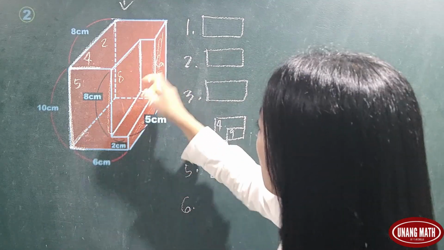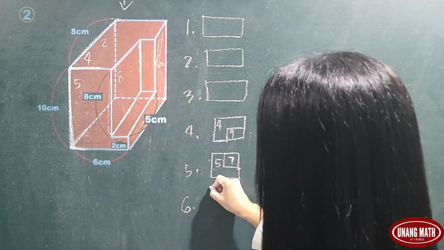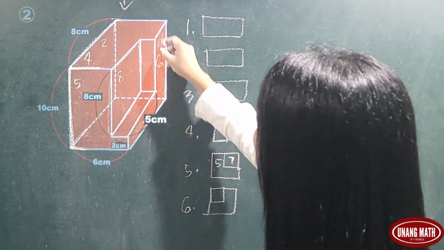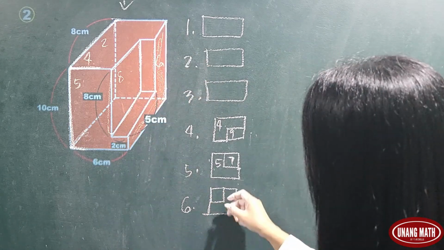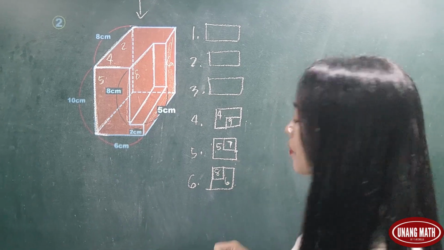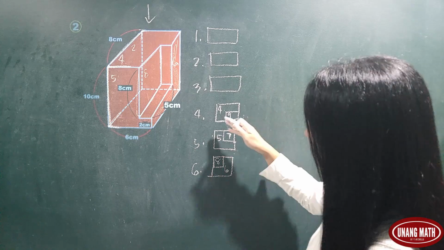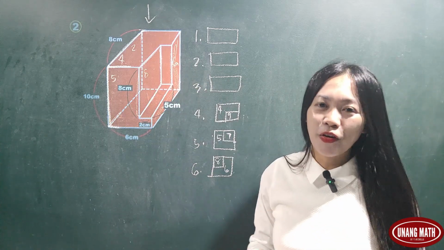When you combine these together, we created another rectangle. So we found out that there are 6 rectangles in this figure.